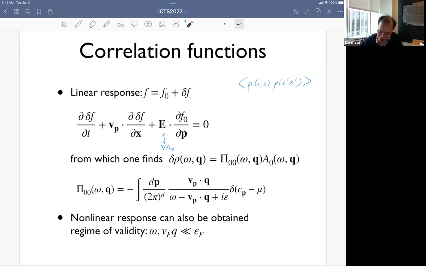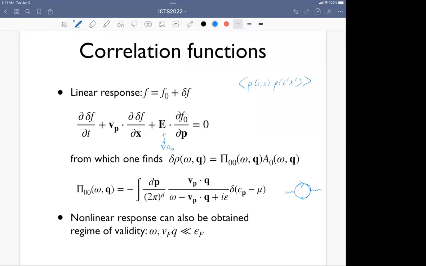That gives us the two-point function of the density, which is written here. This turns out to be equal to the real two-point function of density that one would obtain in free field theory by computing the one-loop diagram.